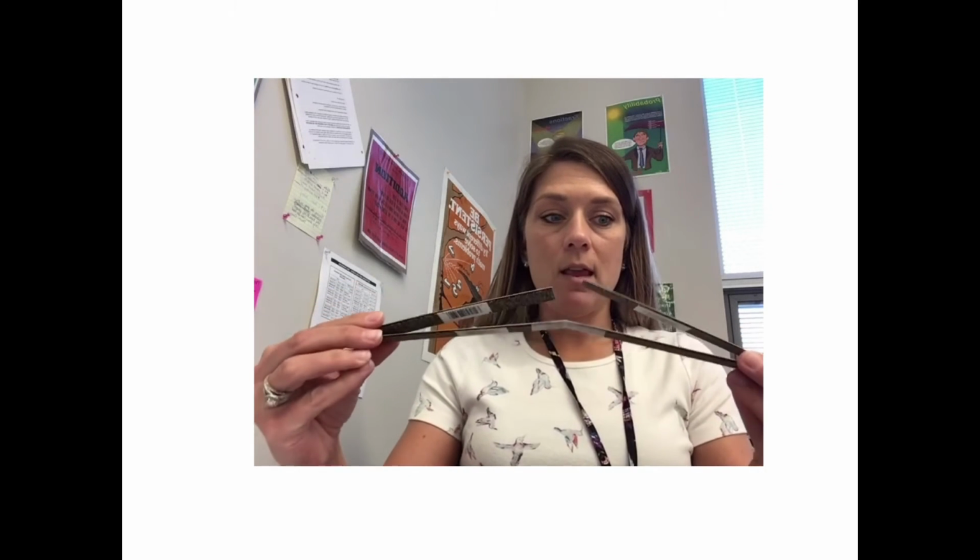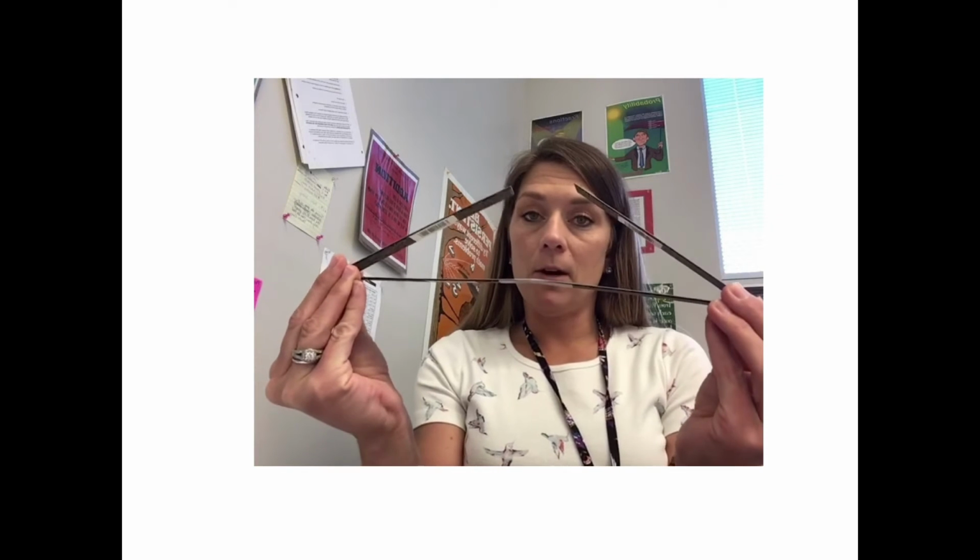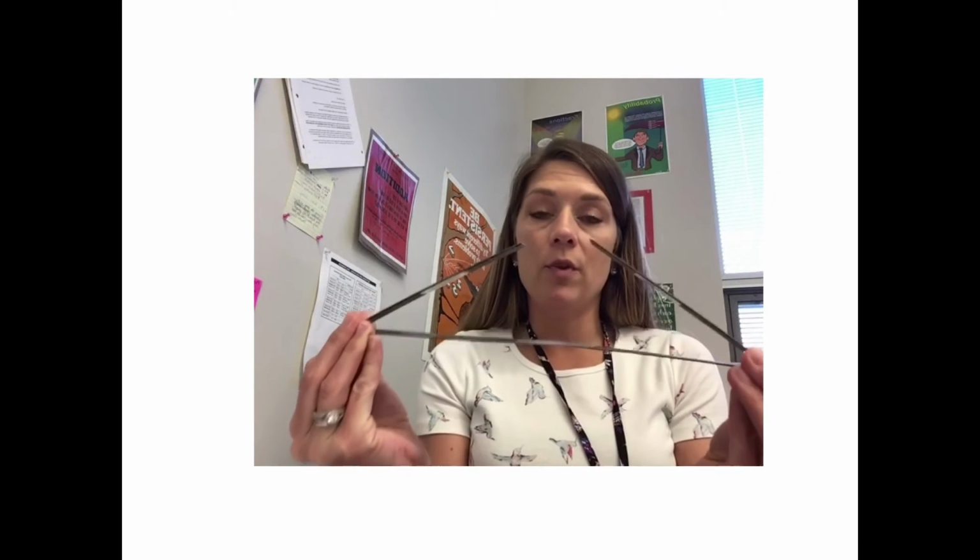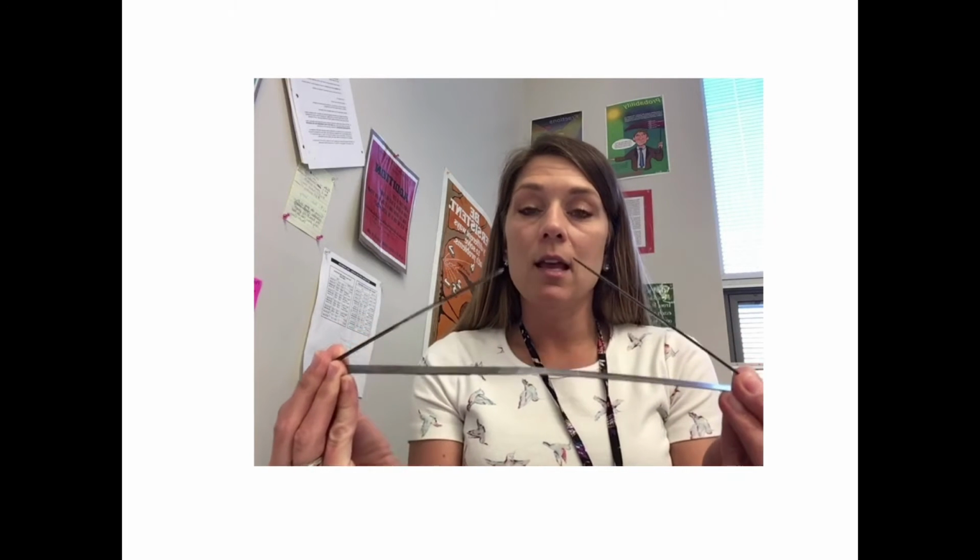But if I do try to create a triangle here, the problem is that because they're equal to the base, the bottom part, when I lift the 5s up to try to actually create a 3-sided object, they can't touch each other because they are equal to the base. They're touching at the bottom.